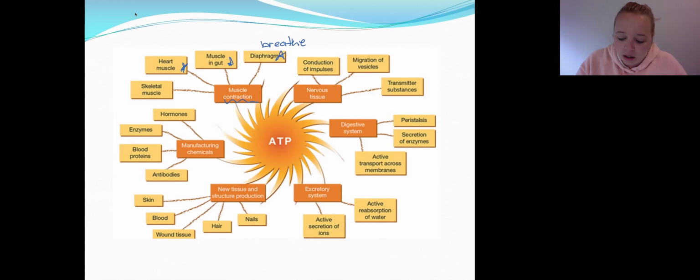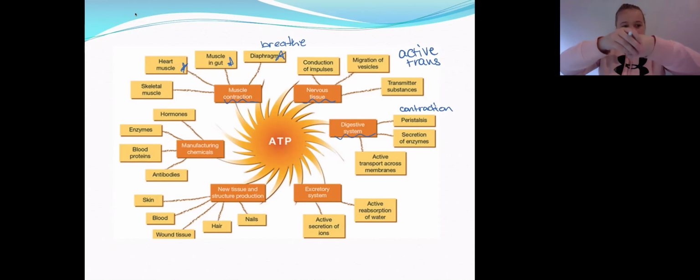There's also a lot of active transport happening in our digestive system. I'm just going around the circle here. Down in our digestive system, we do this thing called peristalsis. Those of you that did Unit 1 and 2 might remember this. Peristalsis is the contraction of the muscles around your esophagus and small intestine, and it helps to squeeze the food down the tube.